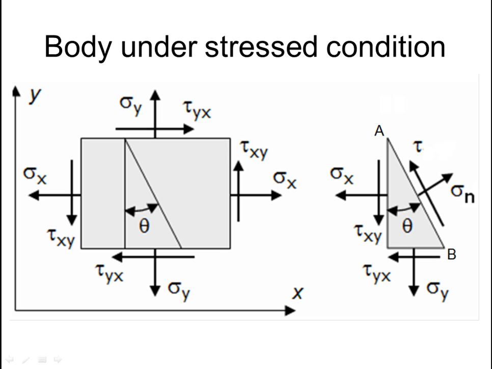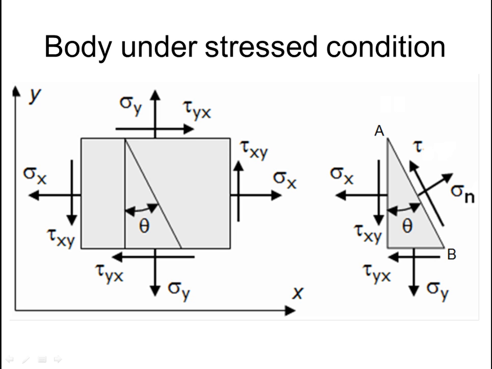The shear stress in the vertical plane where sigma x is acting is tau xy. The shear stress in the horizontal plane is tau yx. The tau xy and tau yx are complementary shear stresses, so both are of equal magnitude.